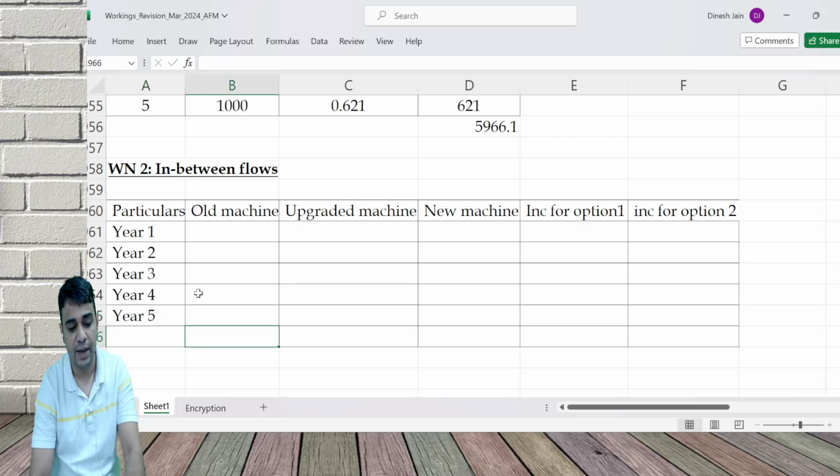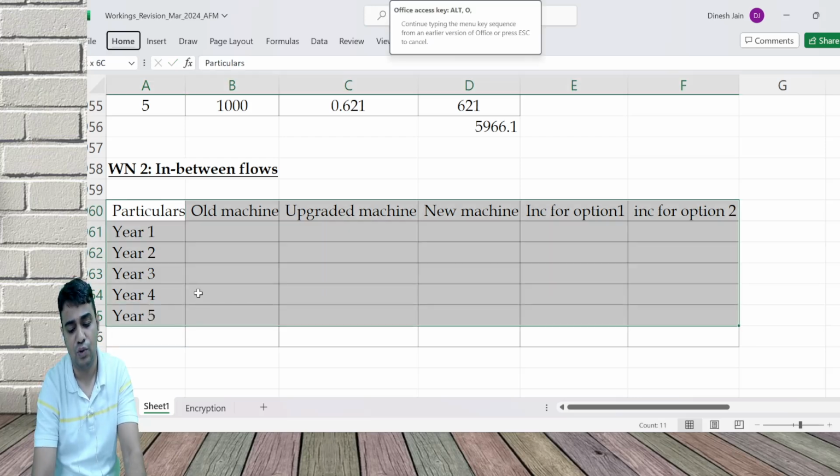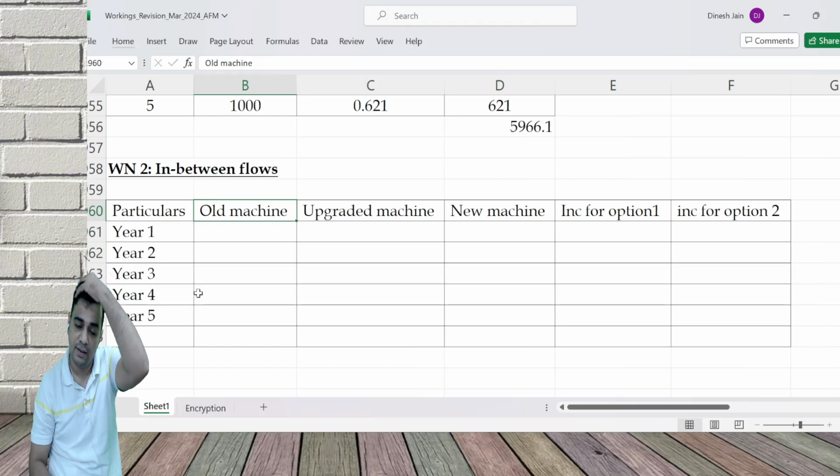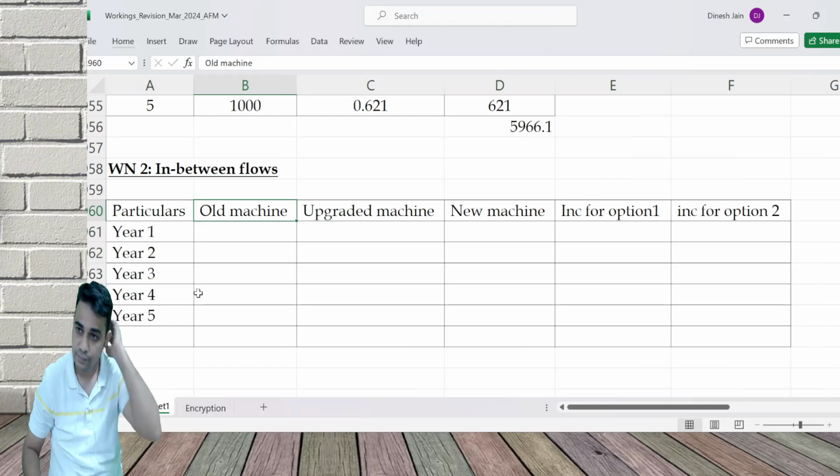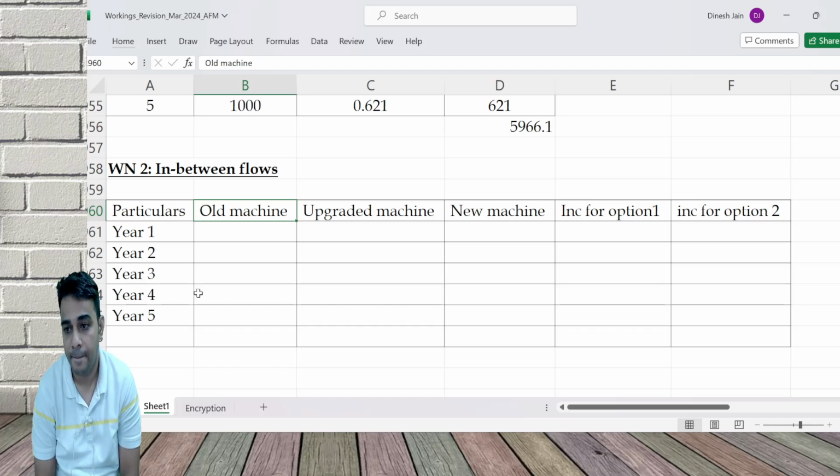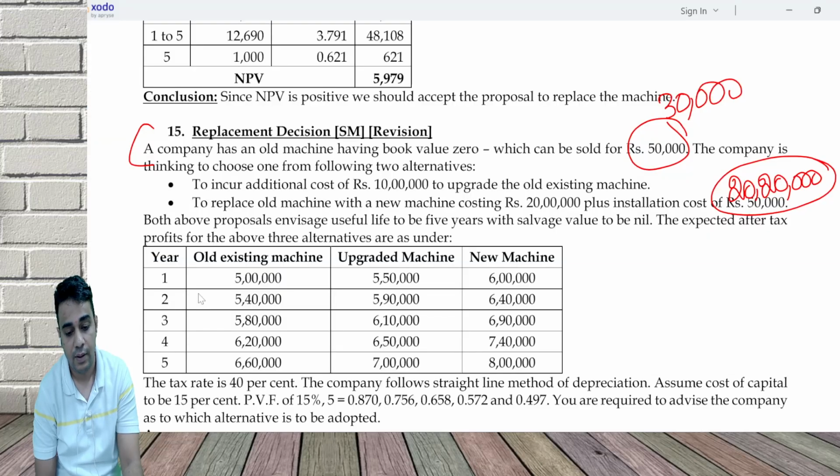Many a times you may have to do old minus new, all that calculation will be needed. If I continue with the old machine, what is the expected PAT they've given? PAT equals cash flow because there is no depreciation on the old machine.